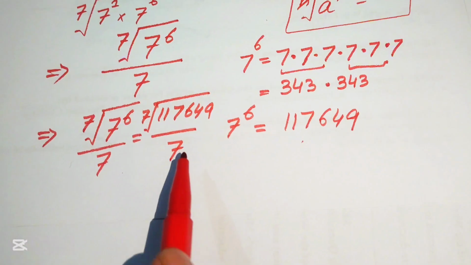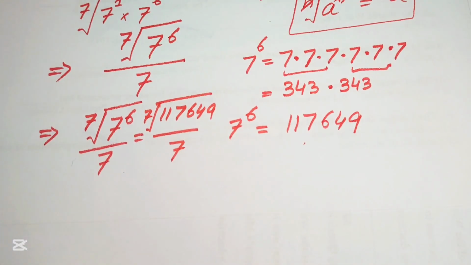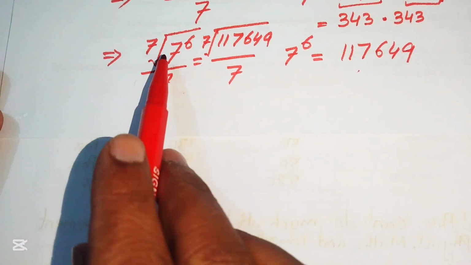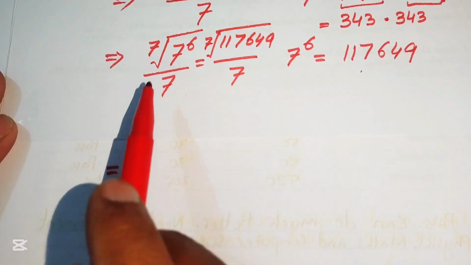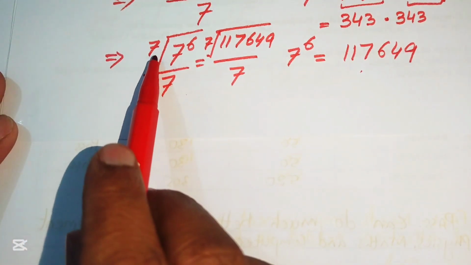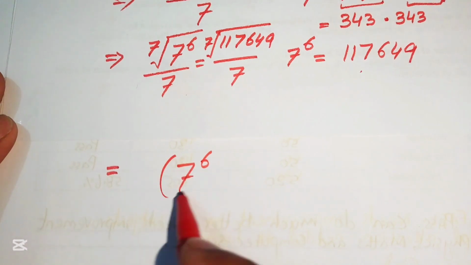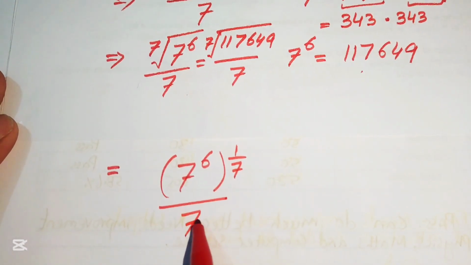Now we rewrite this expression; in other words, we write this radical sign back in exponential form. We write this 7th root as 7 to the power of 6 with whole power 1 over 7, divided by 7.